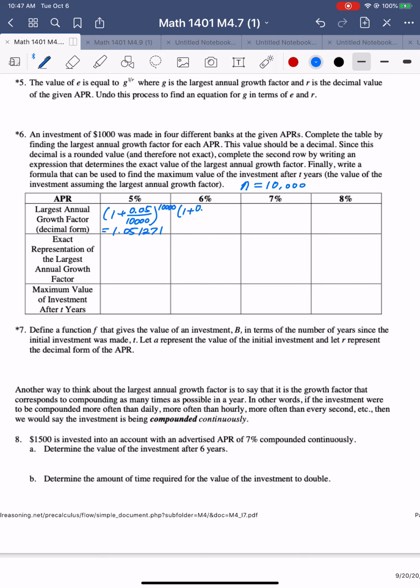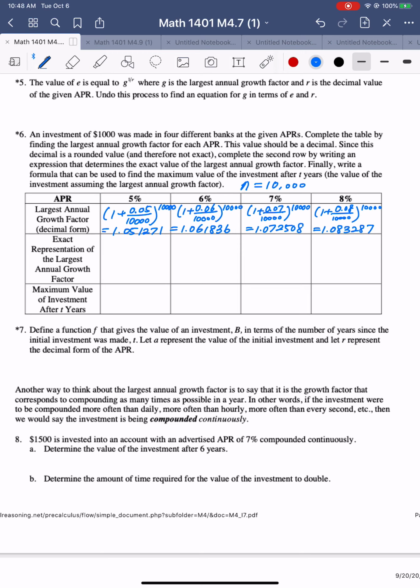So 1.06 over 10,000 to the 10,000 power becomes 1.061836. For the 7%, 1 plus 0.07 over 10,000 to the 10,000 becomes 1.072508. And then 1 plus 8%, 0.08 over 10,000 to the 10,000, becomes 1.083287. Okay.